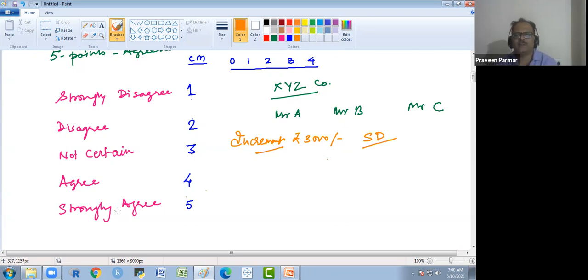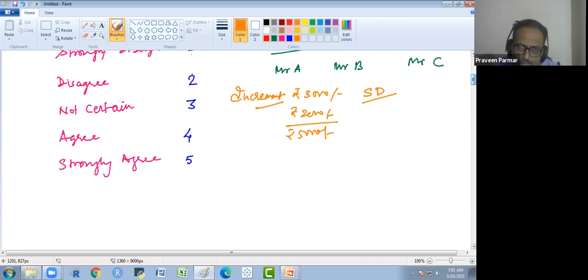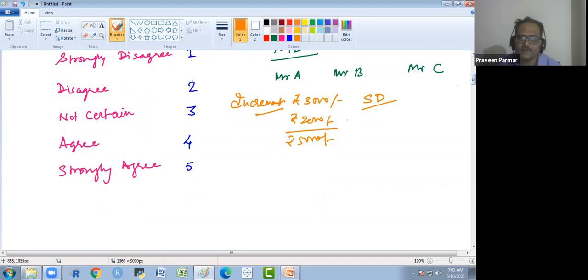Then management decided to give them rupees 2,000 additional in the increment. Now the increment is 5,000. Now we see where they switched from strongly disagree with this additional 2,000. Okay.